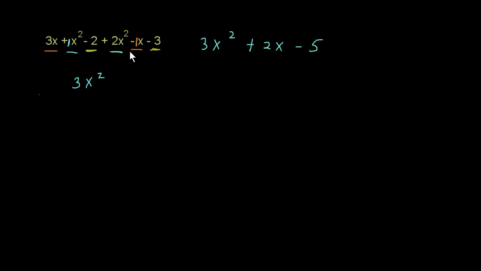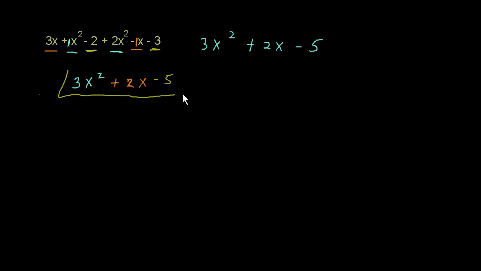So 3 plus negative 1 is positive 2. So we get plus 2x. And now for the constant terms, we have a negative 2 and then plus a negative 3. Negative 2 plus negative 3 is negative 5.